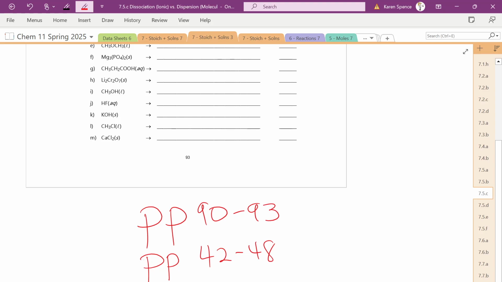NH3, it does not start with NH4. Good. Yeah, so you have to pick which one. You have to look at which one it is.